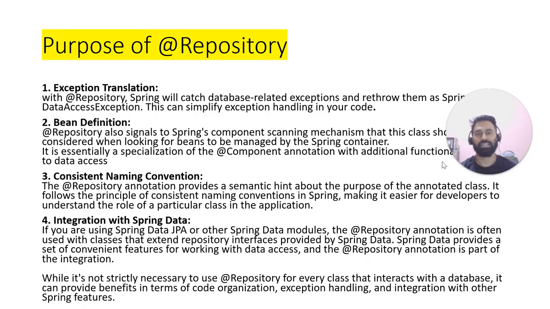With @repository, the developer will understand that this is a repository layer, and we can write the particular code for interacting with external resources or the database, right? So this provides the naming convention, and it lets the developer know that this class is for a particular reason, right?